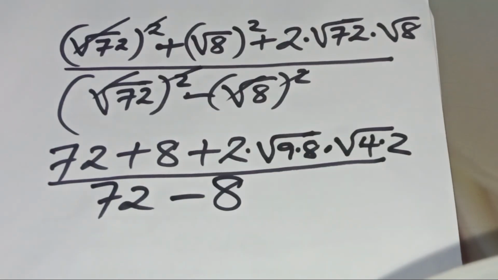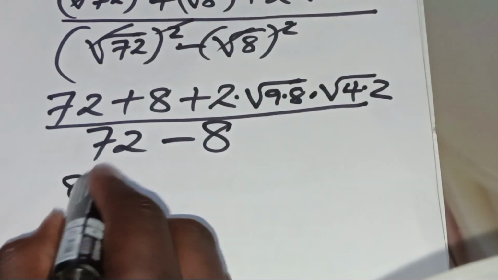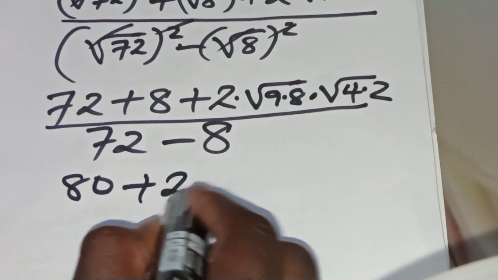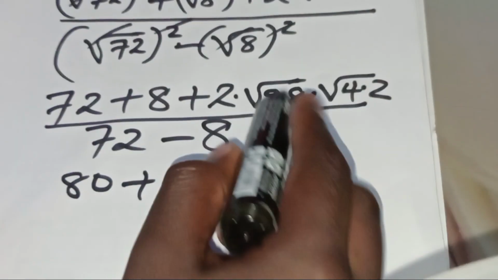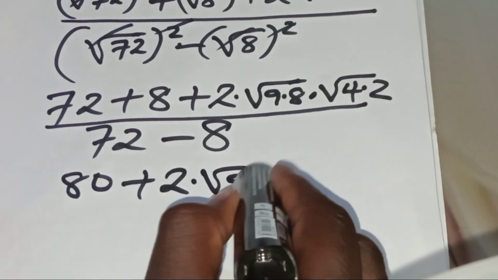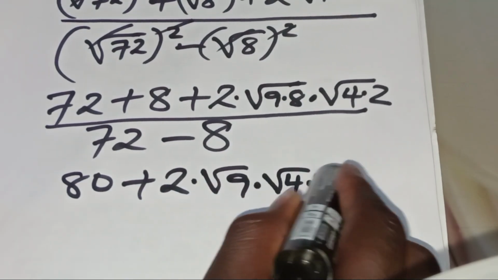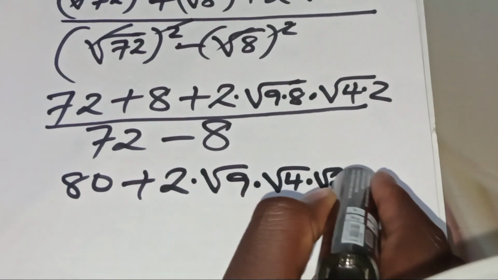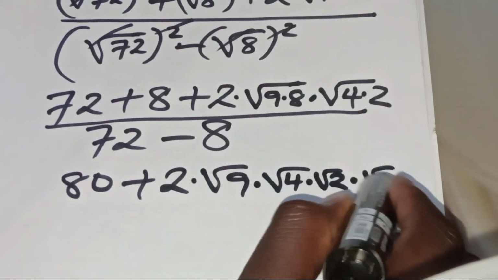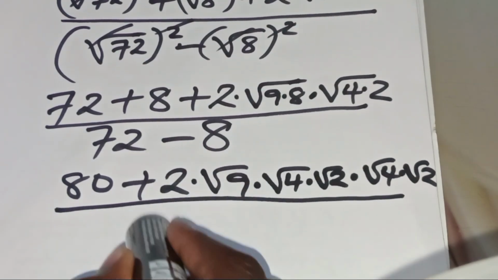So this is 72 plus 8, which is 80, plus 2 times square root of 9 multiplying by square root of 8, which we can express as square root of 4 times square root of 2, multiplying by square root of 4 times square root of 2, divided by 64.